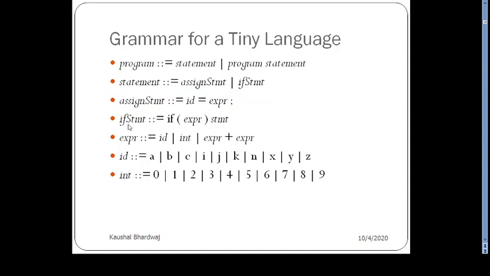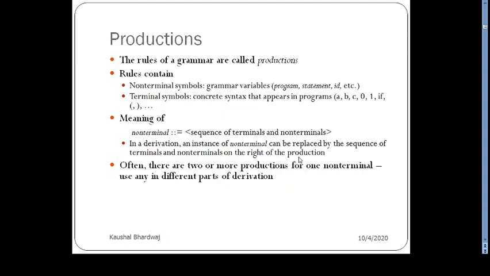So these are non-terminals and these are terminals. These non-terminals are going to be replaced by a sequence of terminals and non-terminals. So if a production is written, non-terminal gives these things, it means this non-terminal can be replaced by something on the right hand side.